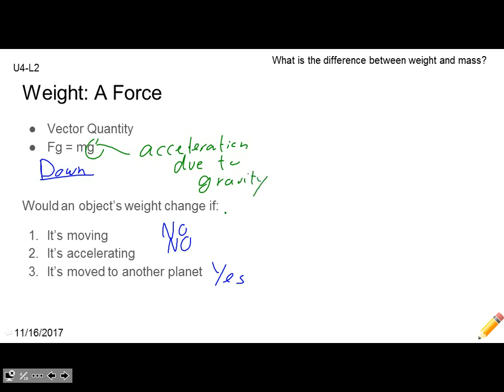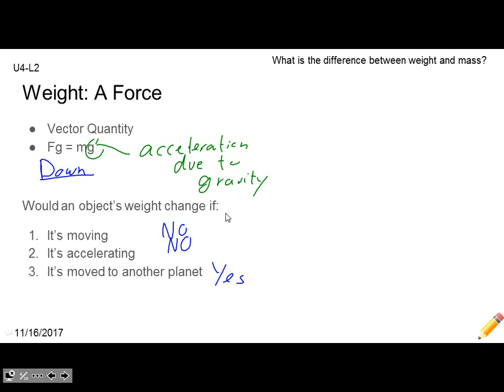But it turns out that g, yes, depends on where you're located. So we'll look at an example in a second. And in many ways, because weight is this force that's due to this interaction known as gravity, we'll better understand that next week. We're going to do Newton's universal law of gravitation.